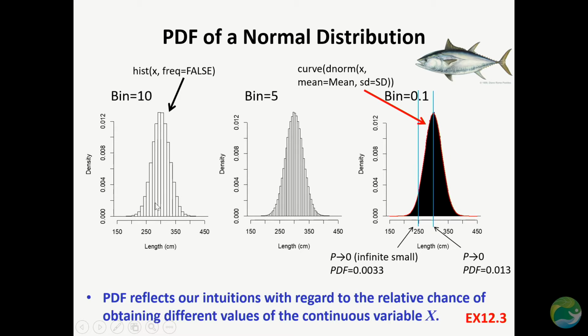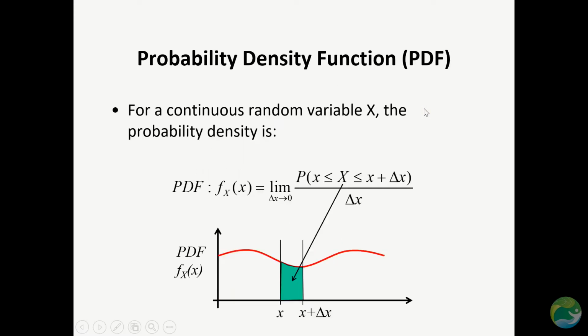And then the bin size of the length interval goes from 10 to 5 and until a very small bin. So this very small bin is equal to the idea when the delta x becomes very small, right? And this phi is the density.